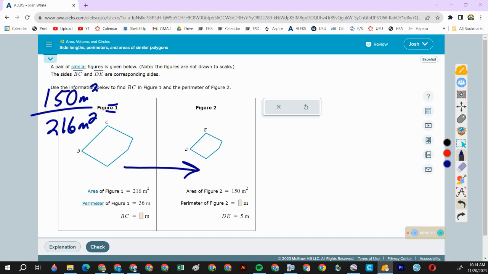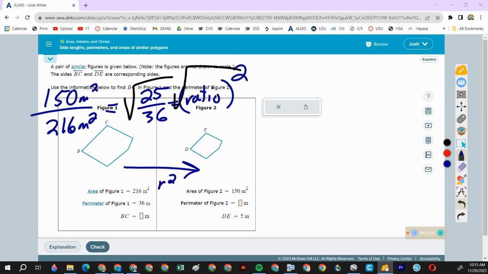So 150 divided by 216 simplifies down to 25 over 36. But remember, this is my ratio squared. So 25 over 36 is my ratio squared. So to figure out what the ratio is, I take the square root and I get 5 over 6.